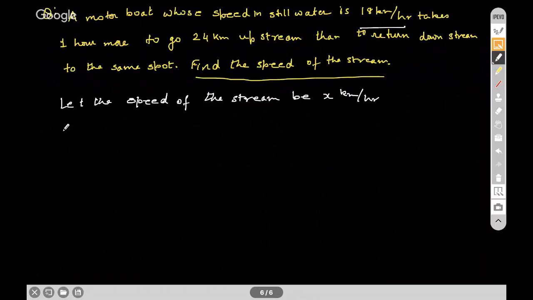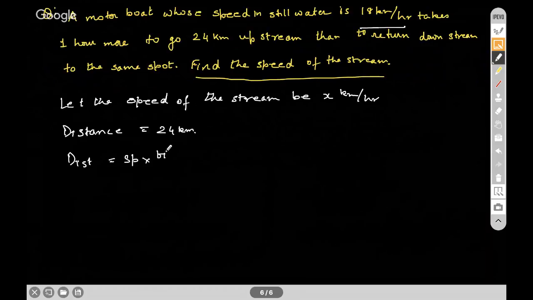So what is distance traveled? Okay, 24 kilometers is given actually. Anyways, 1 hour more to go 24 kilometers upstream. Okay, so distance is 24 kilometers. So distance is equal to speed into time.